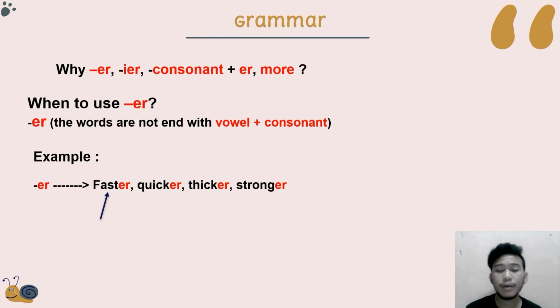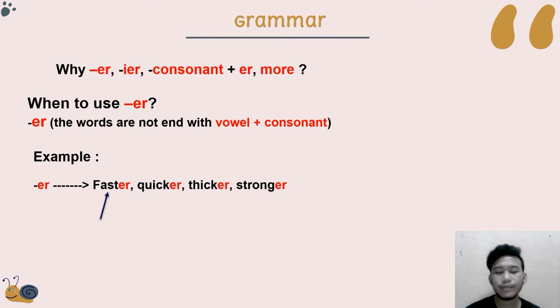For example, here we have faster, quicker, thicker, stronger. The parts that I highlight in red are the er that we add at the end of the words. So let's take a look at the example faster. The original word for faster is fast, isn't it?